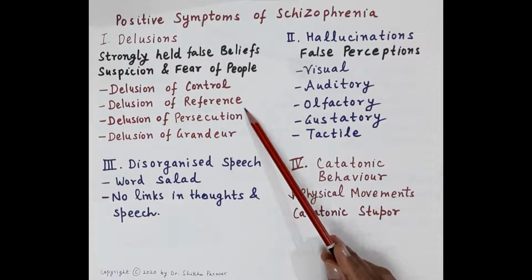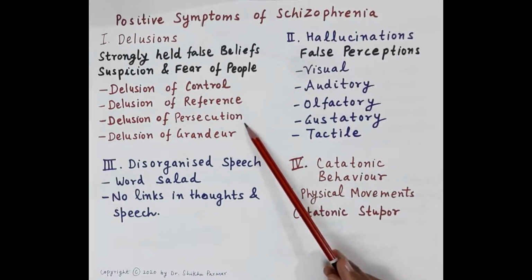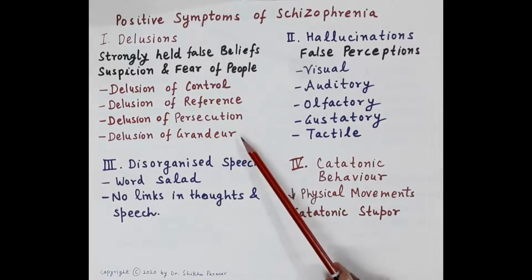So this is the delusion of reference. Then delusion of persecution. Here the affected individual feels that people want to hurt him, or want to harm him, or the society is behind the life of the affected individual. That is the delusion of persecution.